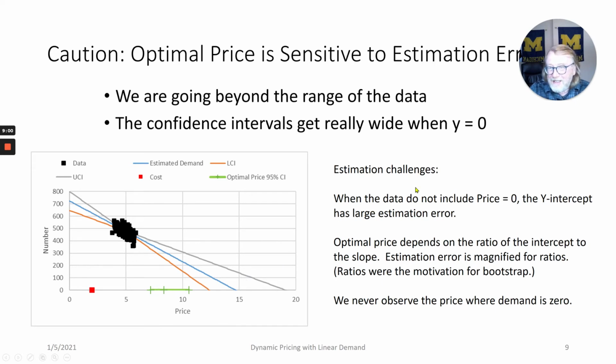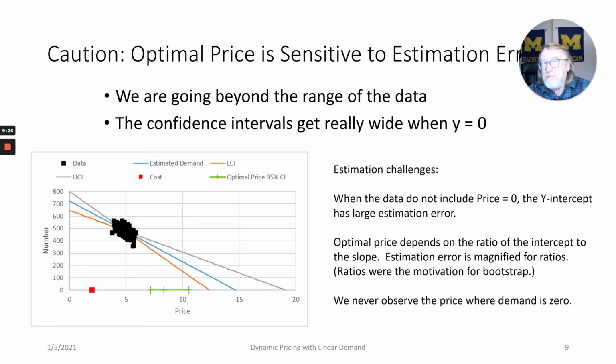Some other estimation challenges: we never had the situation where price is actually 0. Now, the optimal price depends on the y-intercept, and usually y-intercepts are poorly estimated, right, as you can see here. And then the optimal price also depends on a ratio of two parameters, and ratios are notoriously difficult to estimate because they have high sampling variation.